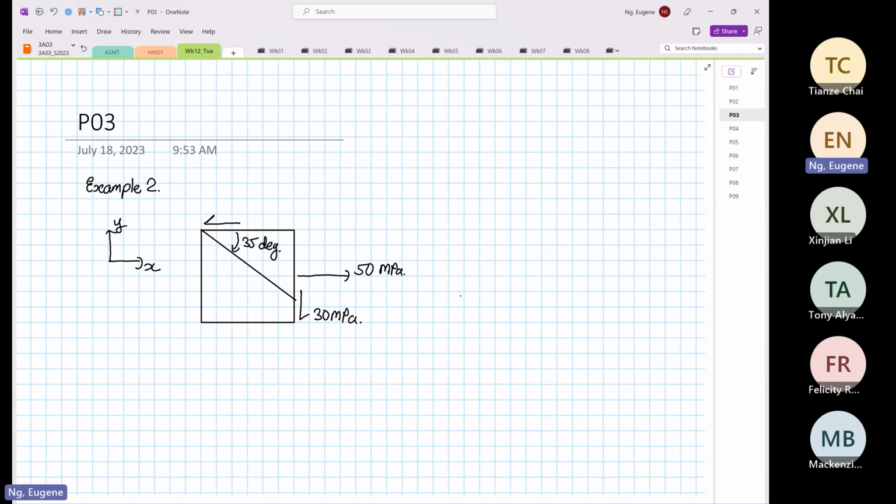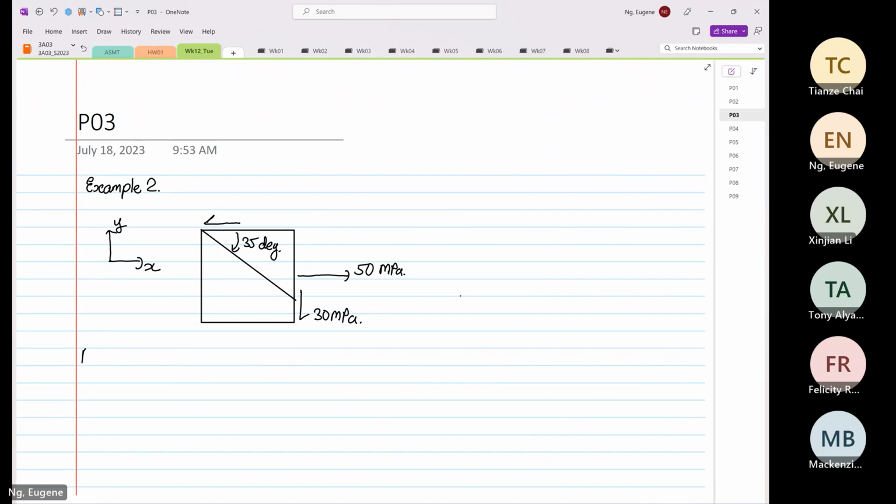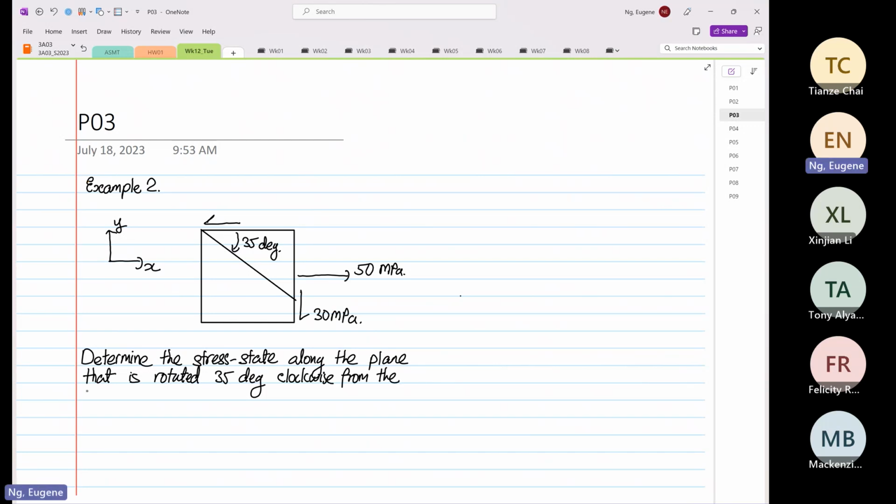So we want to determine the stress state along the plane that is rotated 35 degrees clockwise from the horizontal. Okay, that's what we want to do now.